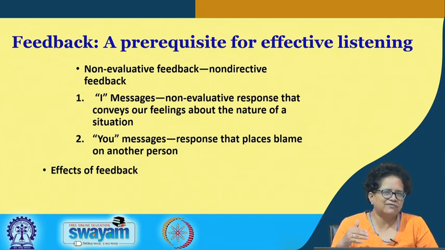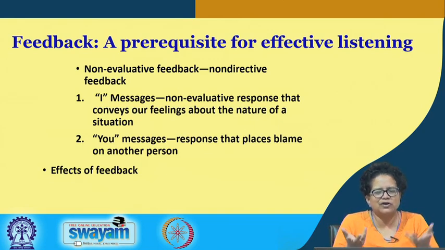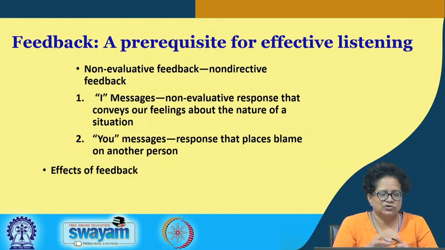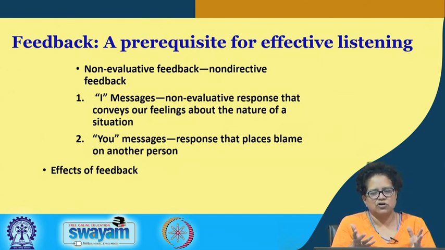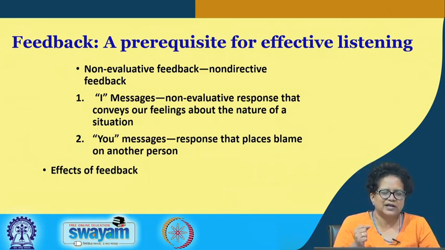On the other hand, we have number 2 here on this slide, which is the you message, the kind of response or feedback that places blame on the other person. So, if it places blame, insinuates, or makes some kind of allegations, then it is like pointing the finger at the other.